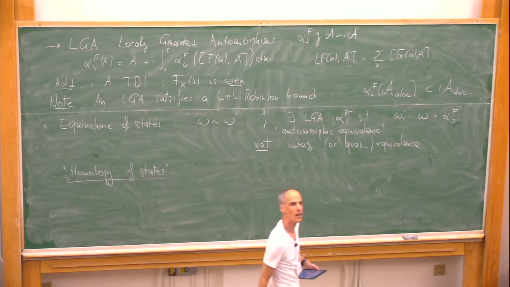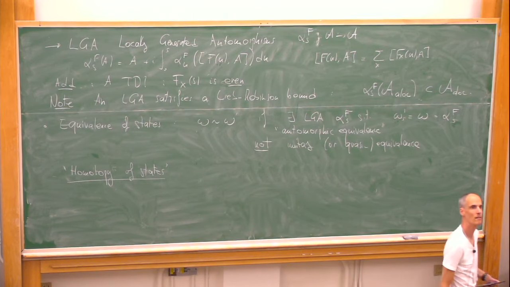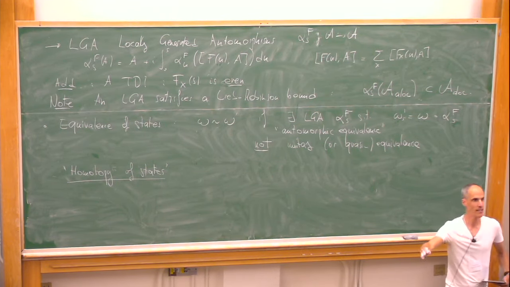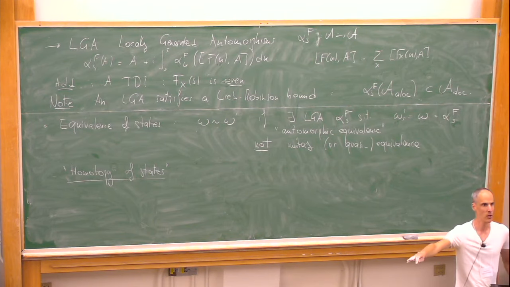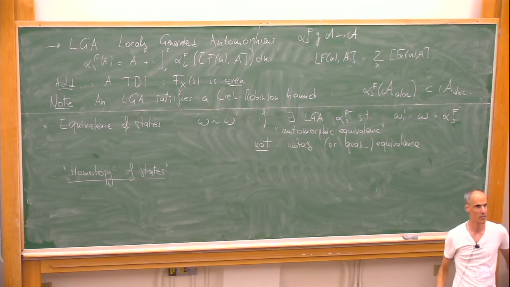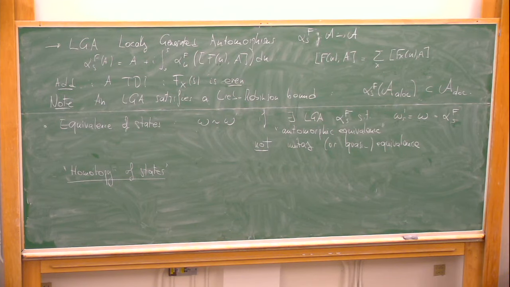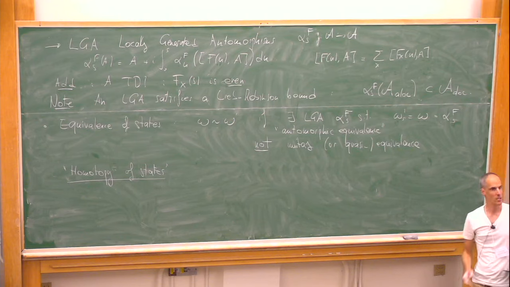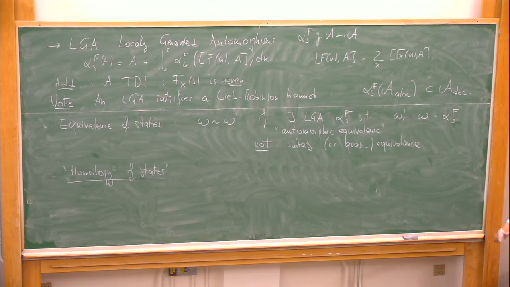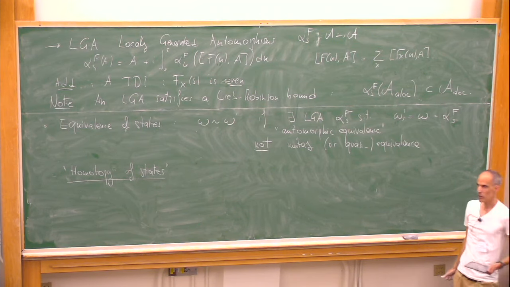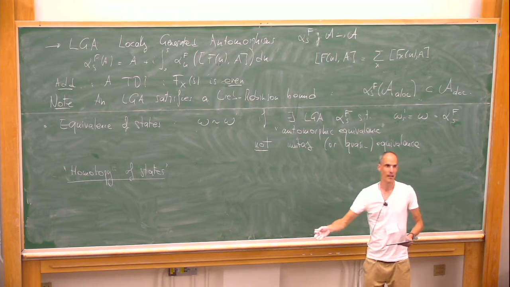Yes? What's a simple example? Any that we've seen. This morning we saw the Heisenberg spin 1/2, or the Heisenberg Hamiltonian. It's an LGA, except the particular terms are very, very local. They just sit on two nearest neighbors, but it's a very good LGA. You could think of a long-range Heisenberg Hamiltonian.